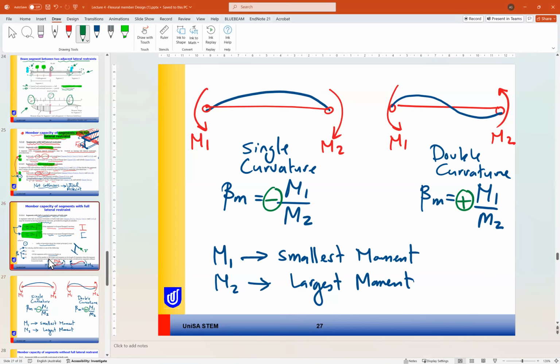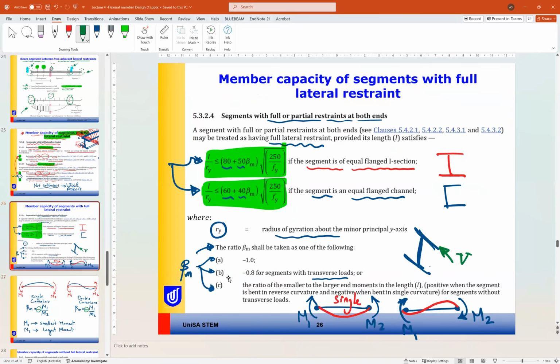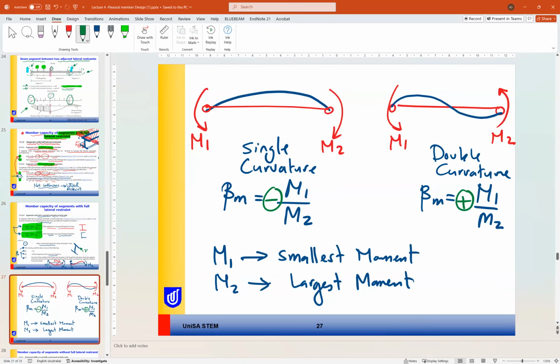Okay, so beta m, this is what is mentioned by the standard here. So beta m can be taken as -1 if the moment is the same value. So when beta m equals -1, when M1 equals M2, this means that we have only one moment.